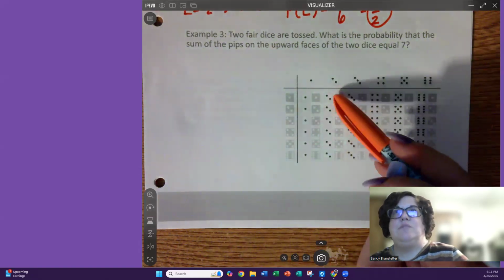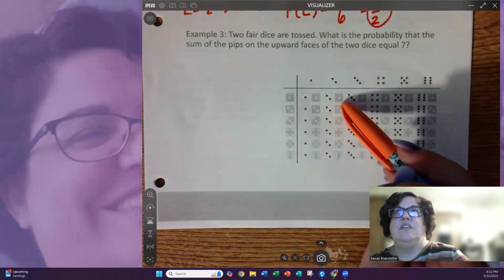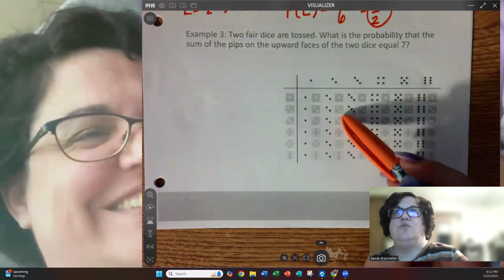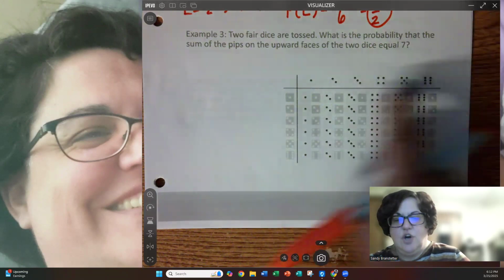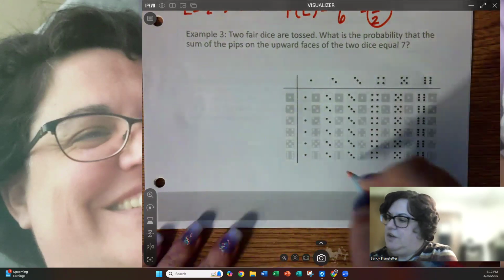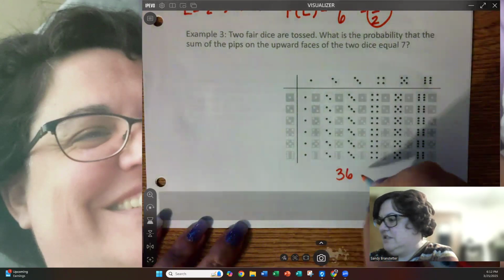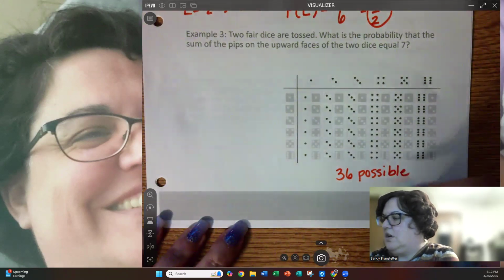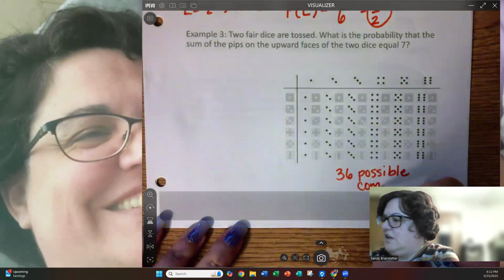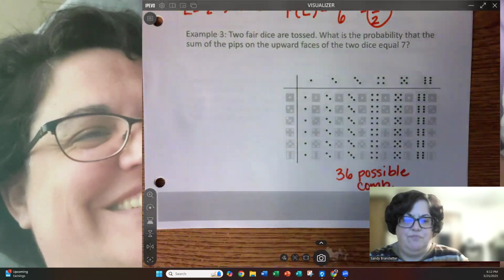If the 2 comes up first, then I could get a 1, then a 2, 3, all the way up to 6. So there is a total here of 36 possible combinations of what could happen.